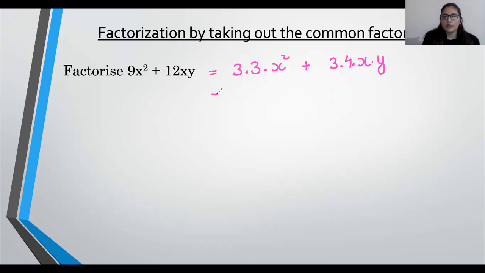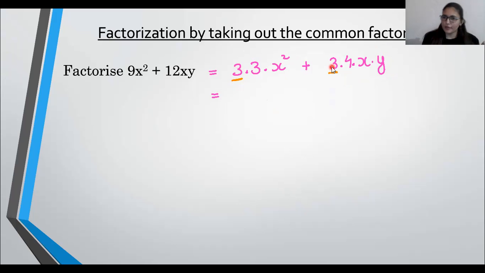Now just look carefully at which terms we can take common. Here you can see 3 is present this side and 3 is present this side. You can consider that they are two teams. One team is this, the second team is this. Now you need to take out the common members.